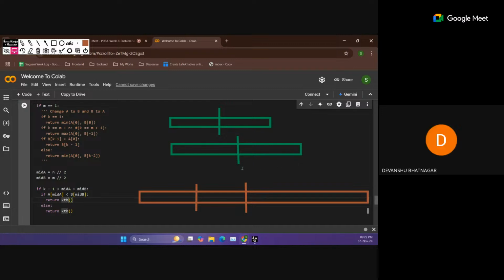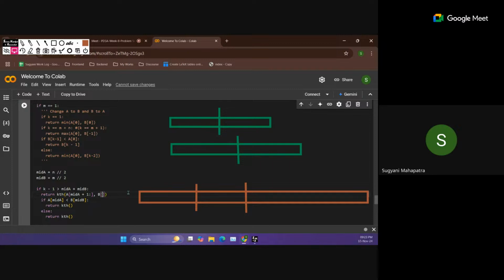If my K is greater than middle of 1 and middle of 2, I don't know why they have given it this way, but what makes the most sense is: if my K minus 1 is greater than middle of A and middle of B, then I can just look into A from middle of A plus 1 till the end.